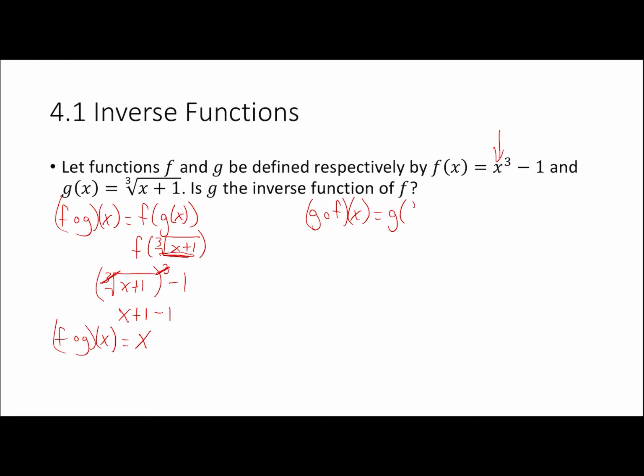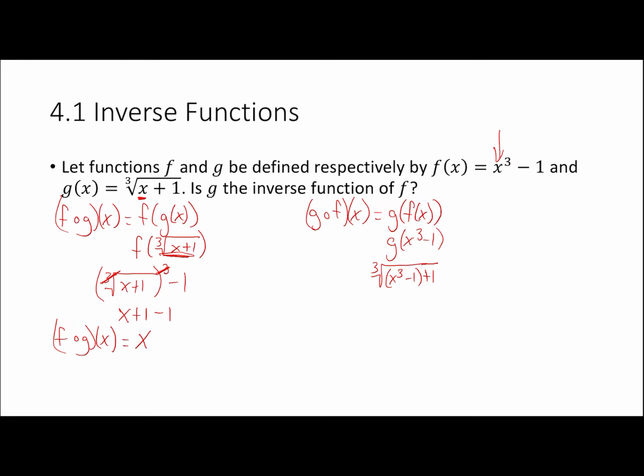And f of x is x cubed minus 1. And so in place of x in function g, we're going to put x cubed minus 1. So in this case, we've got the cube root of x cubed minus 1 plus 1.